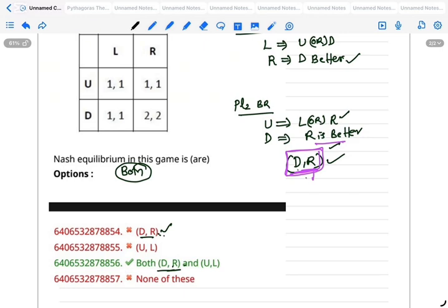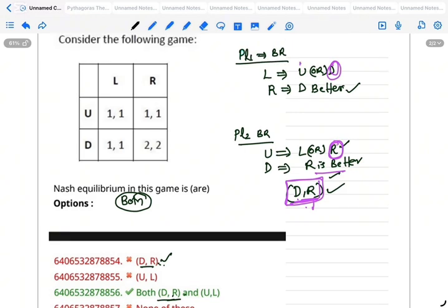Here R is selected, here D is selected. What is left? U is left and L is left. So another pair is U comma L, right? Both are mutual conditions, U and L.